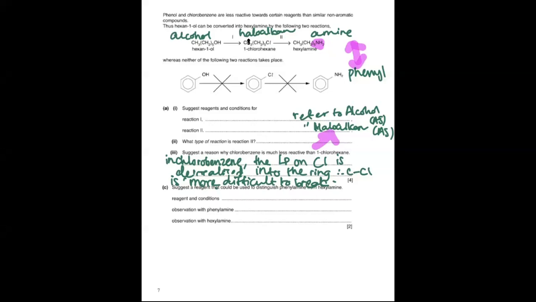Okay, so phenylamine, when there is reaction, obviously your bromine water would go from brown to colorless. Okay, so phenylamine decolorizes bromine water, and hexylamine does not.